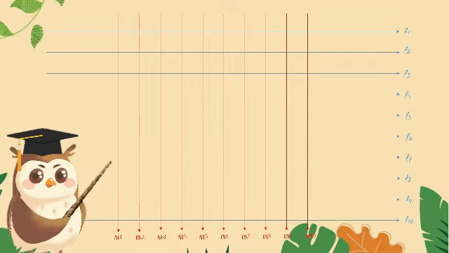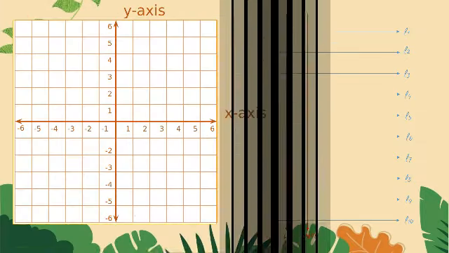Now, how about the position of the lines with respect to the x-axis and y-axis in the Cartesian coordinate? The position of lines L and M about the x-axis and y-axis can be described as follows. Look at the following figure.